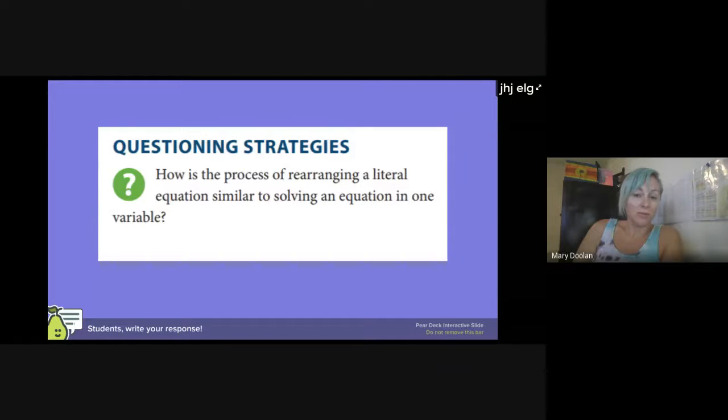An equation in one variable is something like 100 m equals 1000, or 4 plus x equals 20. How is the process the same?